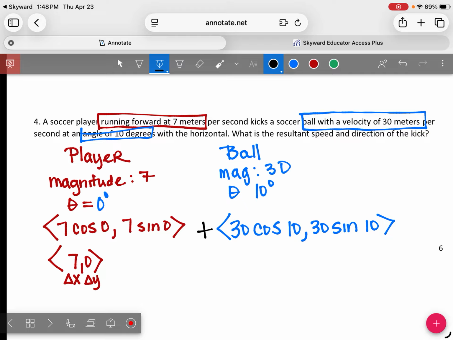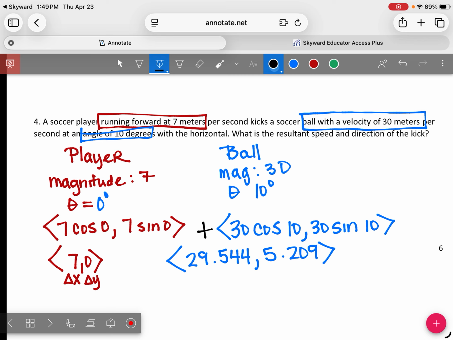So I got, for the ball, 29.544 and 5.209. Anybody else get that?